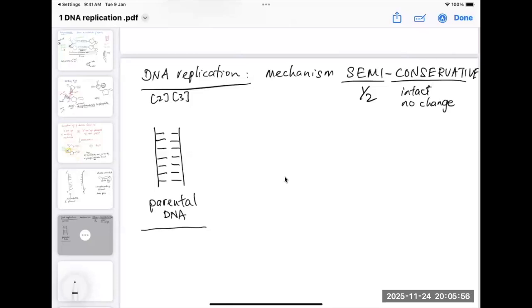Same as mitosis: parent cell, daughter cell. In mitosis, the parental cell gives rise to two daughter cells. So here is parental DNA, or sometimes you will see the original DNA. I have to use the term to refer to the original one. This is the parental DNA, double-stranded DNA.